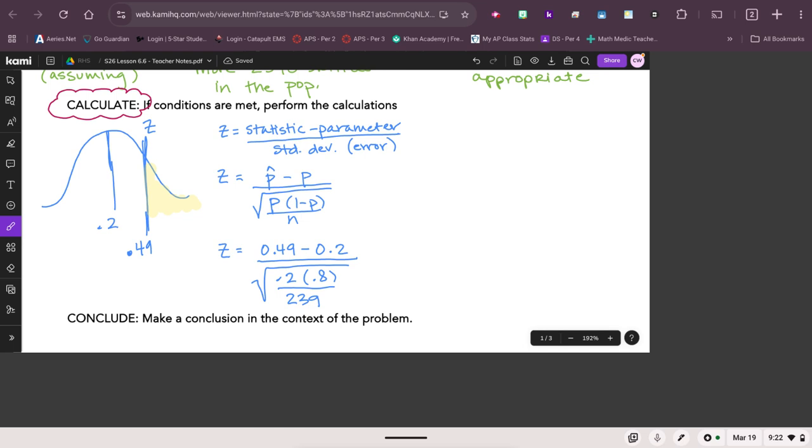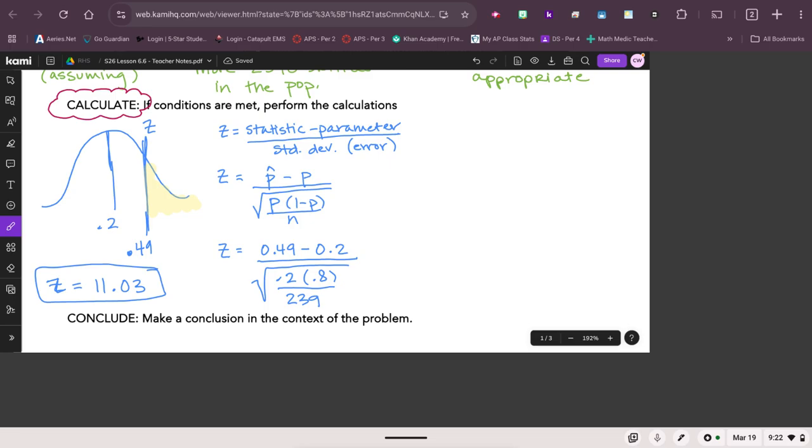When you calculate that, you will get a value for z of 11.03. Think about what that means.